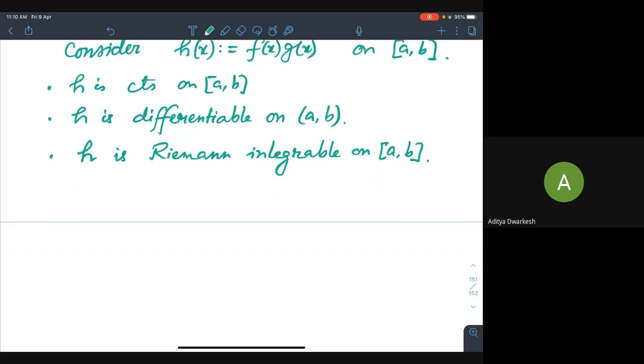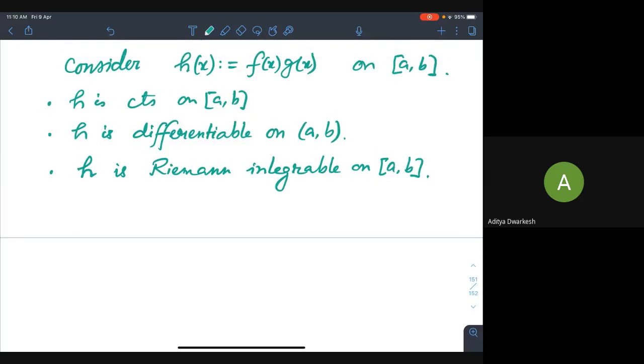And I said here h is Riemann integrable. Why is that so? Can anybody tell me why is this h Riemann integrable?